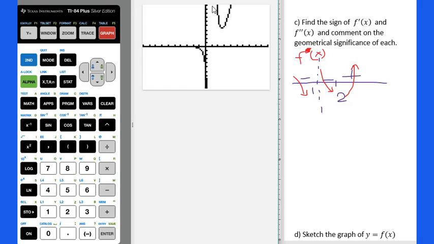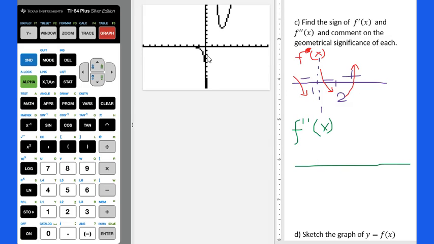We do know when x equals 1, there is a vertical asymptote line. So when x is greater than 1, all the graph is above the x-axis. When x is less than 1, the graph is below the x-axis.